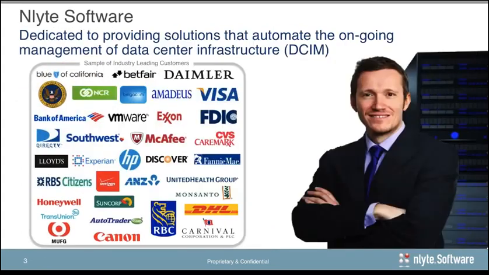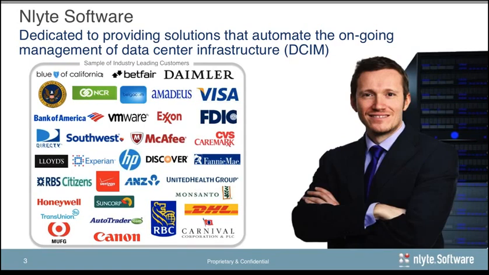Without further ado, let me first give you a quick overview of Enlight for those of you that aren't familiar. Enlight is the leading company that provides data center infrastructure management software. We help companies automate the management of what I call physical stuff: racks, servers, cabling, power, all the elements that you need to manage inside a data center. Here's a partial list of some of the companies who use Enlight.